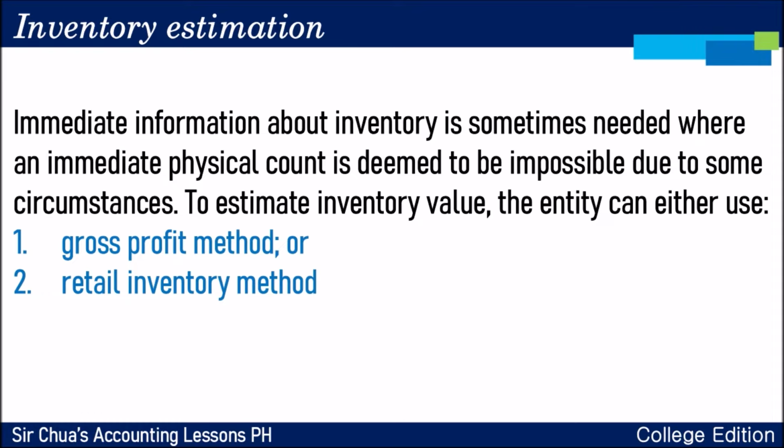So parang ang dating po ay kailangan na natin ng inventory information ngayon din. Okay? Pero it's not possible for a company na agad-agad magkaroon din po ng physical count. So the best way for an entity to determine the amount of inventory on hand at the end of the period or at the period under consideration is through estimation.